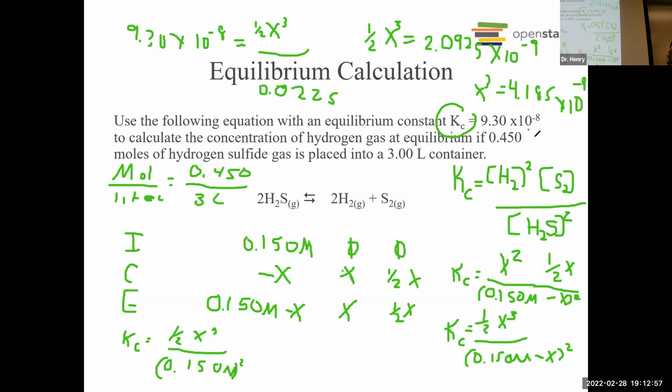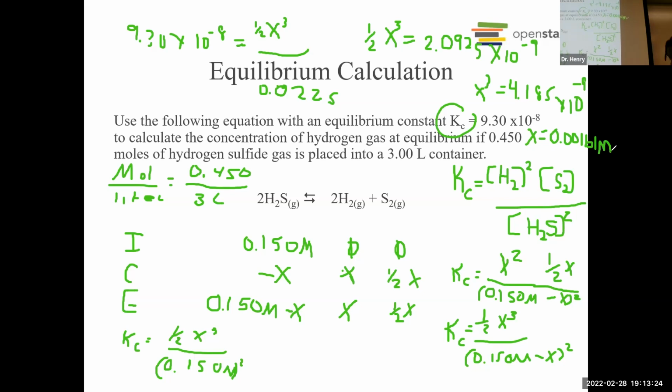So then x is going to equal 0.00161 forward.